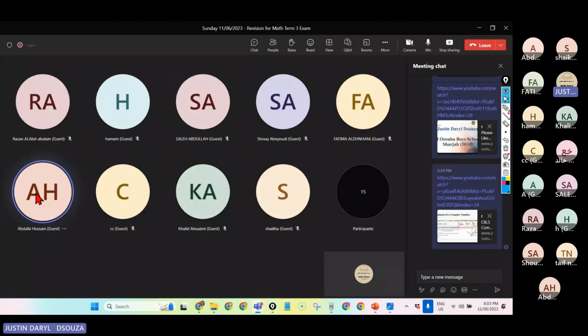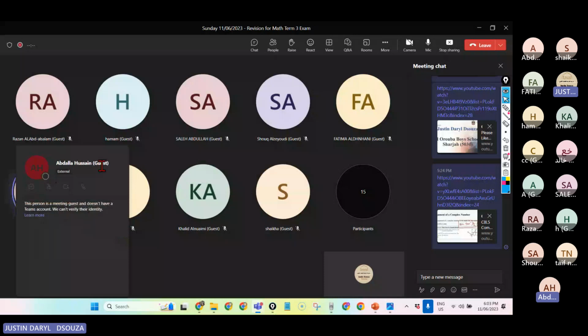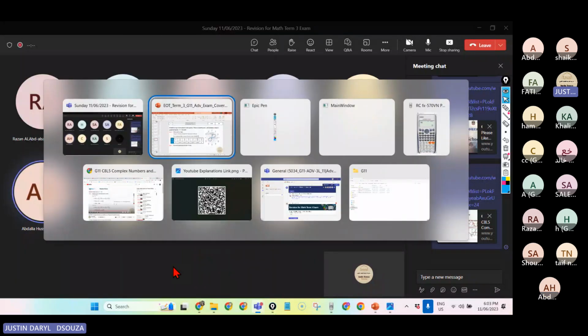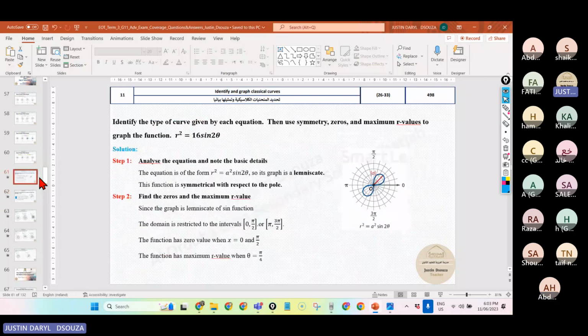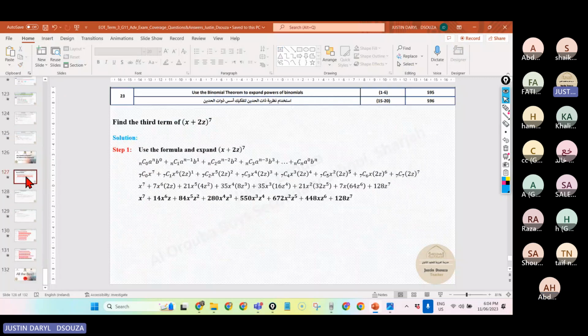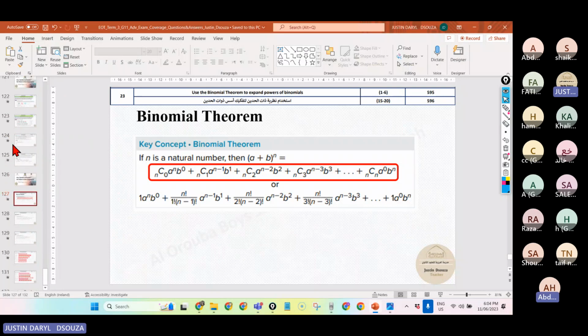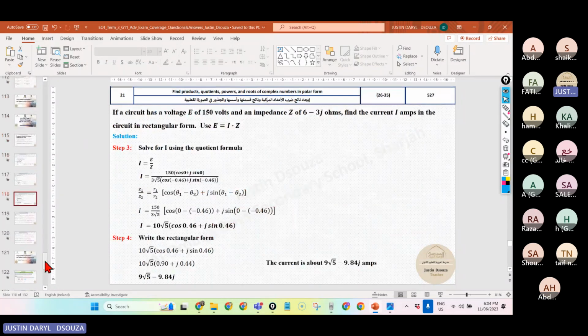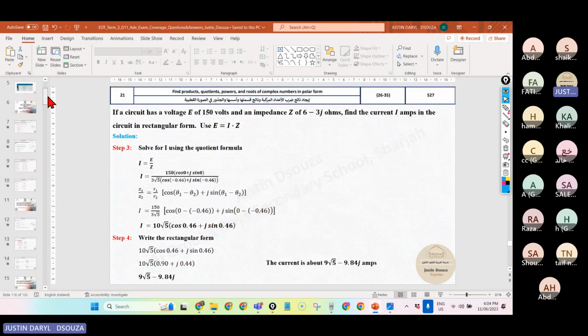Teacher, on the paper part, do you know what lessons will enter there? Yes, Abdullah. The first part of the exam is MCQs only, not paper.